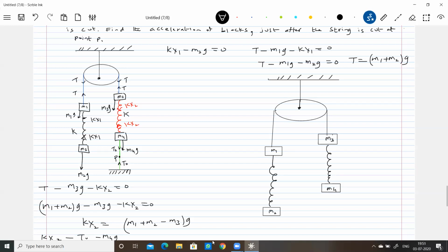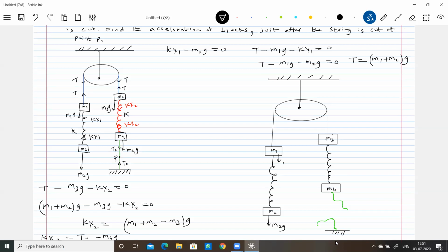Here is the string which I have cut. I think the weight of the blocks will continue to act.